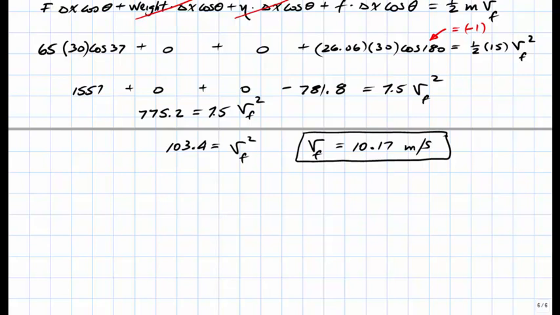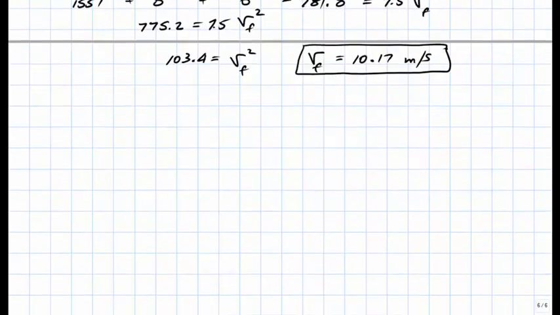In part E, we're seeking to determine the work done by friction over the 30-meter displacement. So we want to find the work done by friction. Of course, the work done by friction simply equals friction times the displacement times the cosine of the angle between those two, and we actually conducted this calculation within the Work-Energy Theorem.